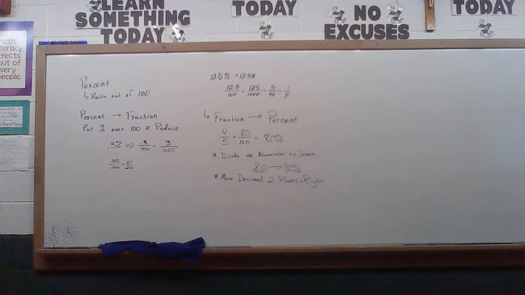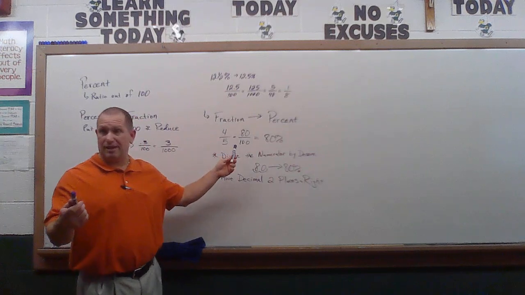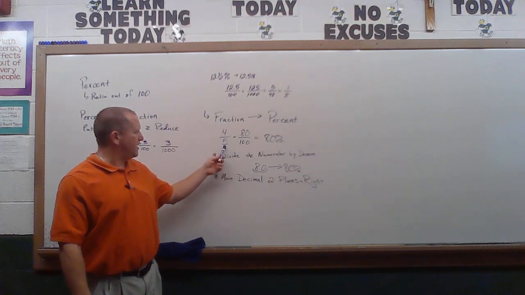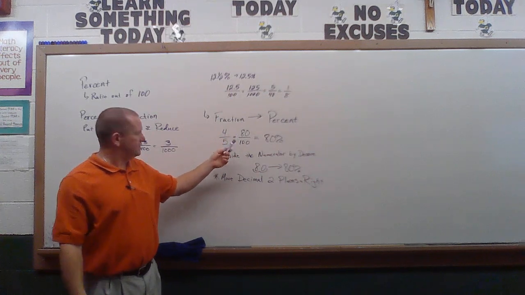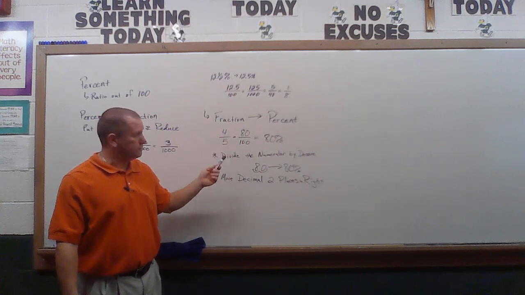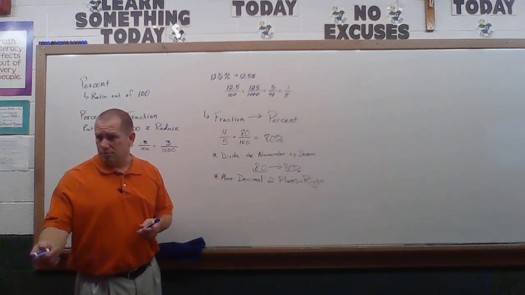So it's just a different way of doing it, whichever way you want. So basically, you can set up the straight proportion. You can think about what Caleb said. How do I get from 5 to 100? And then I'm going to do that same number on top. We just did it a different way with the proportion, but essentially that was the same way. And then you can always divide and move the decimal.